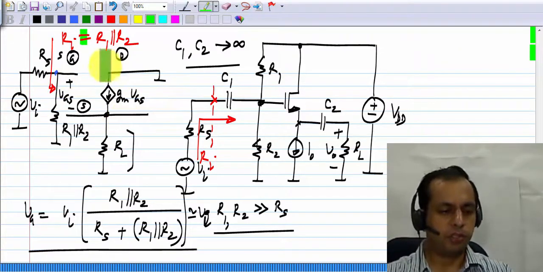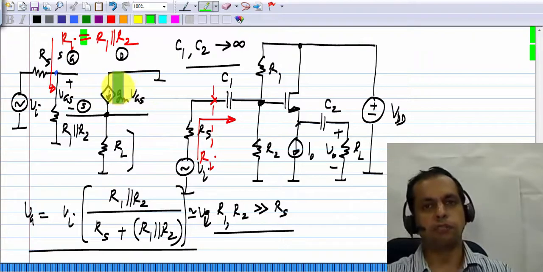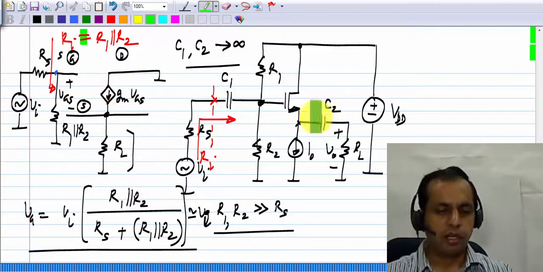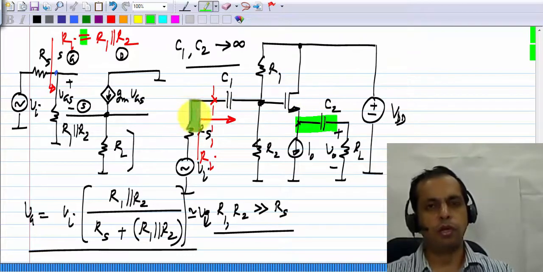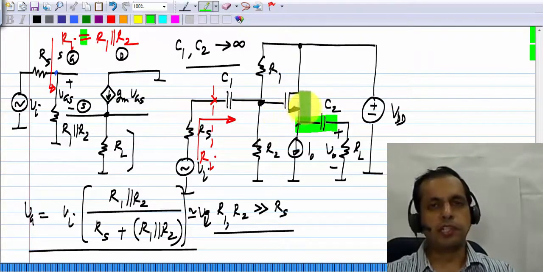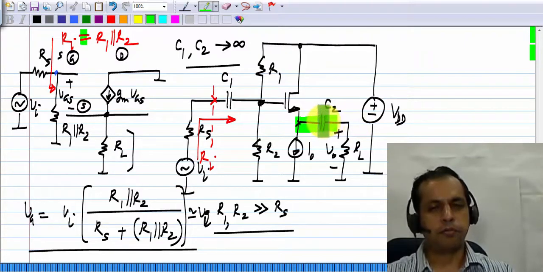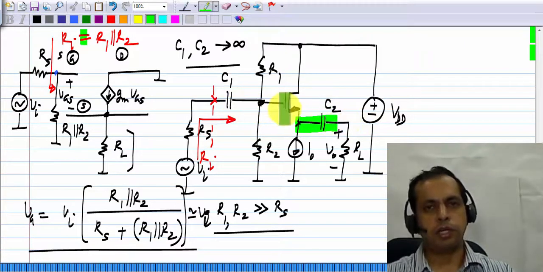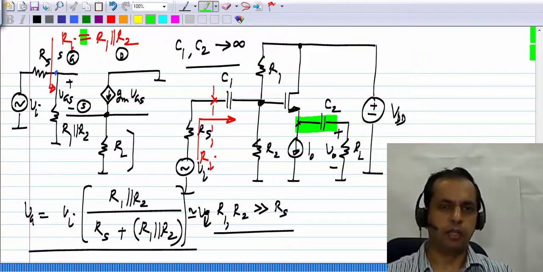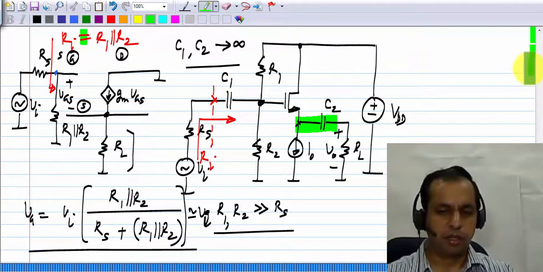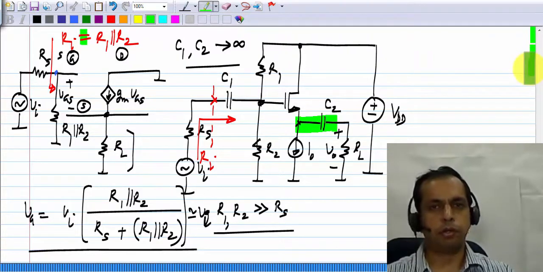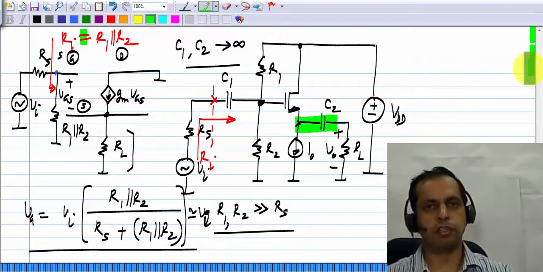So it's very common to use a source follower immediately following the microphone, so that you have the same signal here as that comes out of the microphone, but the output resistance is much smaller. So this can drive a much heavier load and consequently not attenuate the signal from the microphone. Okay, so it's a very widely used circuit and it's one of the basic amplifier topologies. Okay, the common source amplifier is the other one.